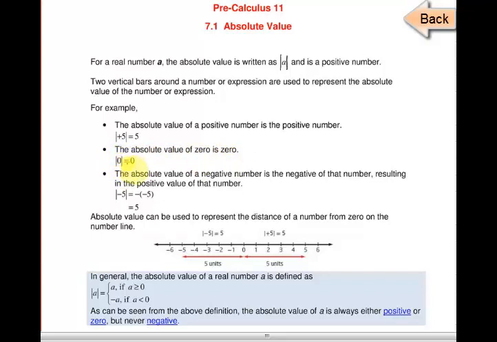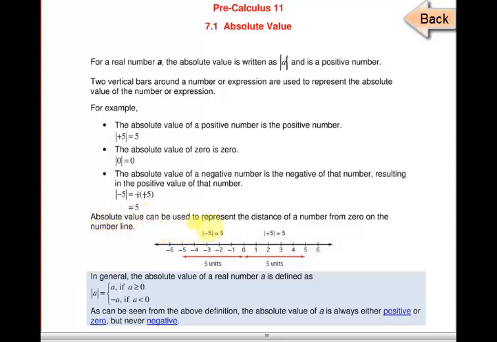The absolute value of a negative number is the negative of that number, resulting in the positive value of that number. So if you want the absolute value of negative 5, then that's the negative of negative 5. And remember, a negative times a negative makes a positive, so it's equal to positive 5.